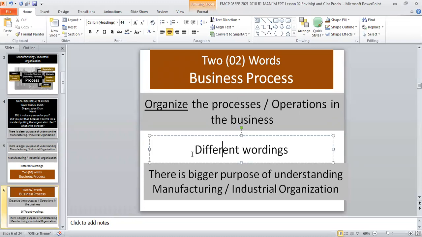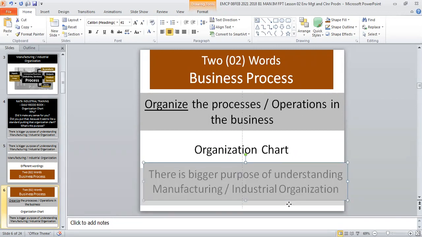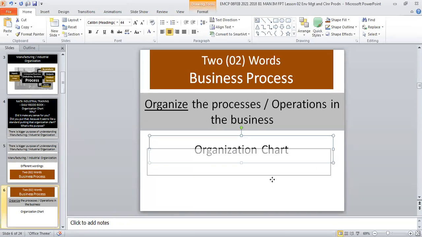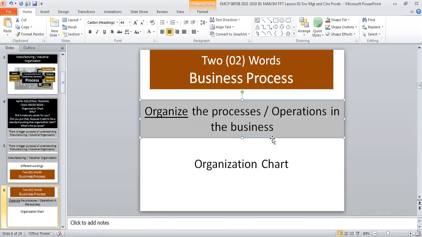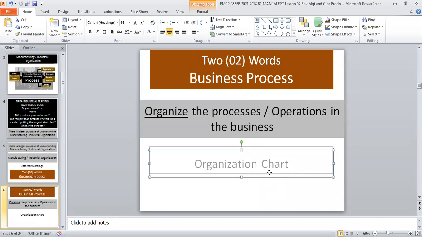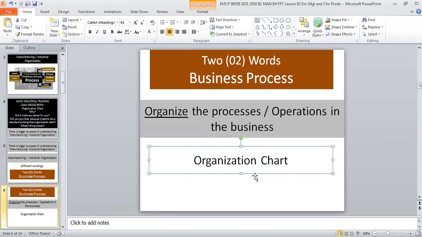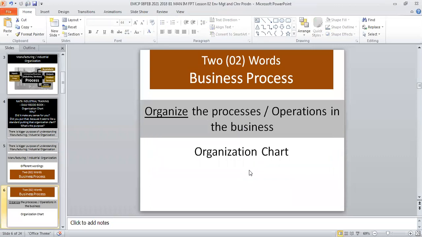As a result, you will get the organization chart. But now you have no idea of the business process, though you have a nice organization chart. So this is what an organization chart means.